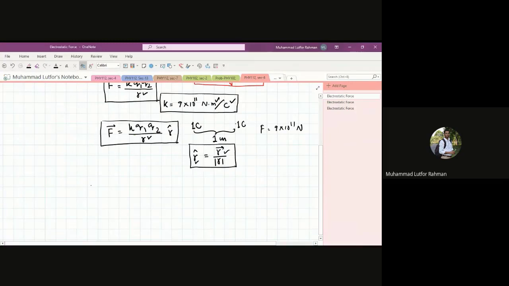Sometimes we can also rewrite this equation in a form which is F equals K Q1 Q2 divided by R cubed times vector R. This is one more representation of the Coulomb static force in terms of vectors.